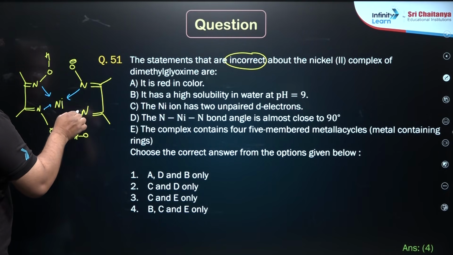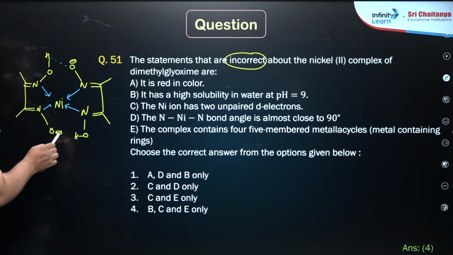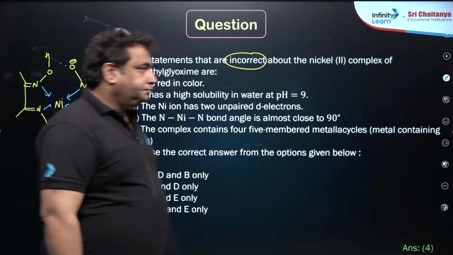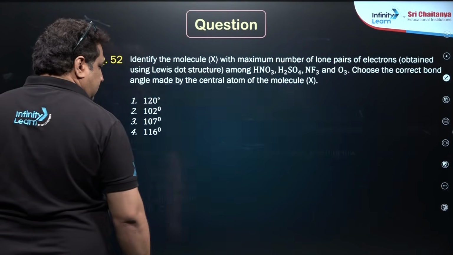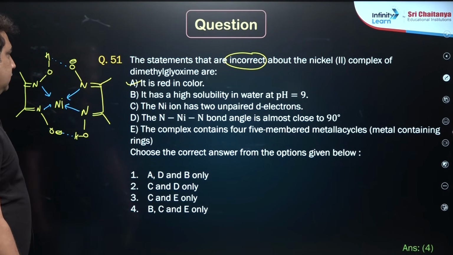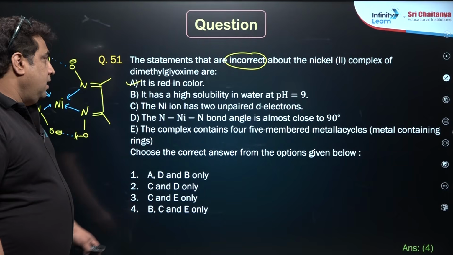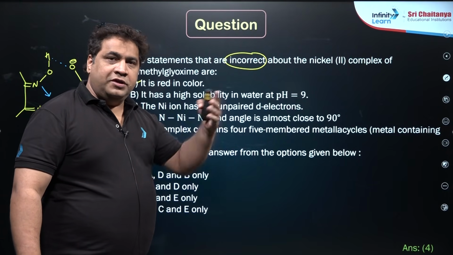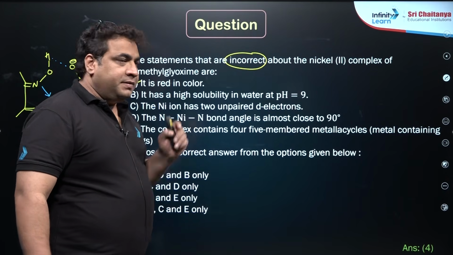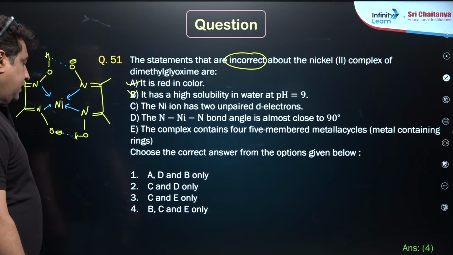This is the red color complex. It can participate in hydrogen bonding also, right. Now it has red color, correct. It has high solubility in water at pH 7. See, once it will become pH 9, so obviously what happens, the OH groups are lost and hydrogen bonding becomes difficult, solubility decreases, hence this is a wrong statement, okay.